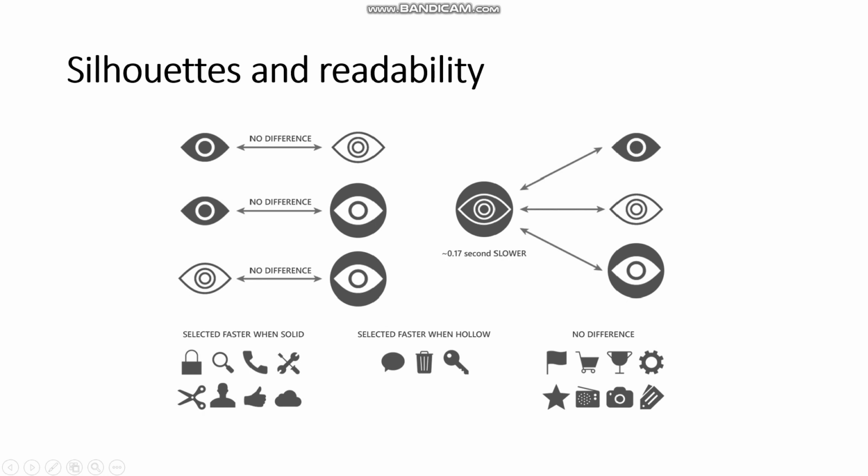If we have silhouette, it will be easier for us to select the icon. This one is selected faster when it's solid. This one is not so solid, this one is hollow. This one is much better than this, right? It has more silhouette.